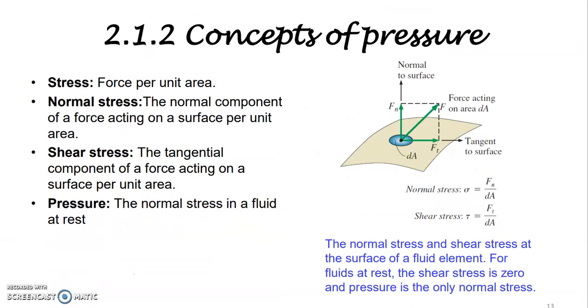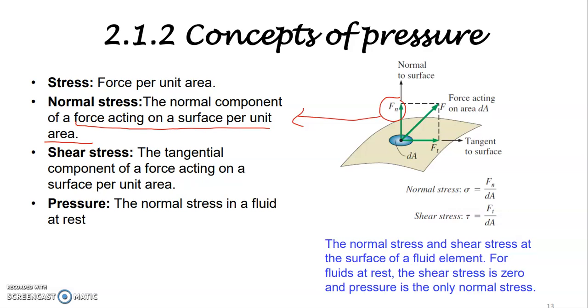Okay, then for the concept of pressure, we have stress. Stress is force per unit area. For hydrostatic pressure, we have normal stress. Normal stress is the normal component of force acting on a surface per unit area, meaning the normal force acting on a surface, represented by Fn.